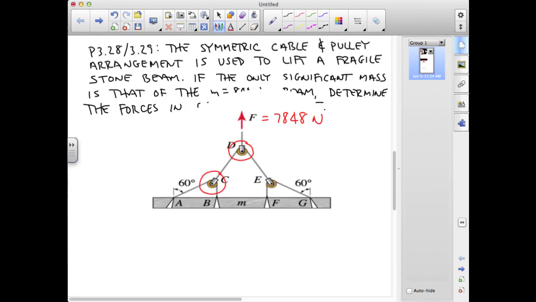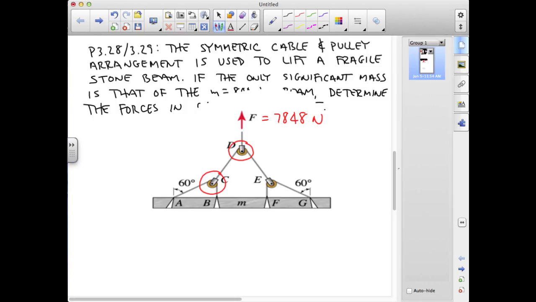Now, we said in a previous problem that when we have an arrangement like this where we've got a shackle that is connected to a cable, and we've got a cable draped over the pulley on either side of it like this, then we can say something right away about the geometry of the problem, because if we're treating the pulleys as frictionless, the cables all have the same uniform tension.